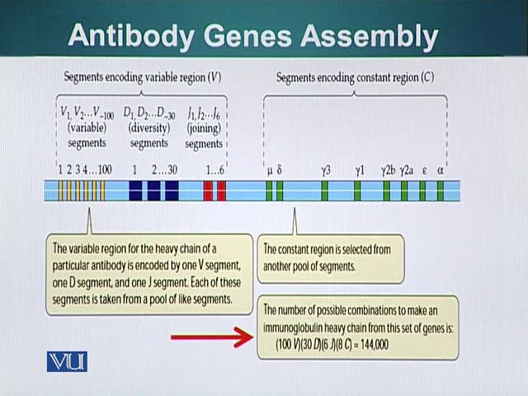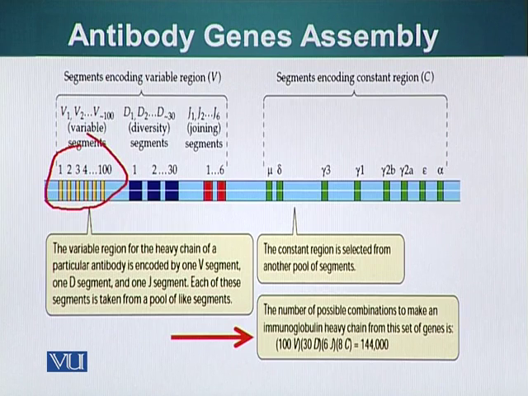Out of these V segments, only one will be picked, and that will be picked at random. So any one of these, 1, 2, 3, 4 all the way to 100, will be picked at random, and it will be combined with the D fragments. So here are the V segments, 1, 2, 3, 4, all the way to 100. One of these segments will be picked.